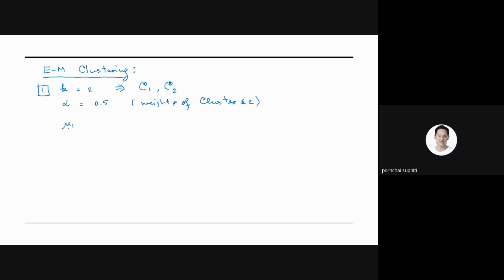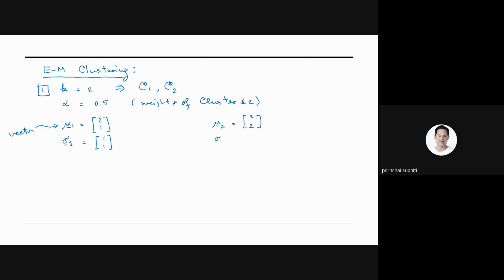So for cluster number 1, the mean is set up. I put an underline here to show that it is a vector. Let me write in terms of vectors from now on so that we don't get confused. For cluster number 1, we also have the sigma. Let me put it here as 1, 1. And for cluster number 2, let me put the mean similar to the previous example, so 3, 2.